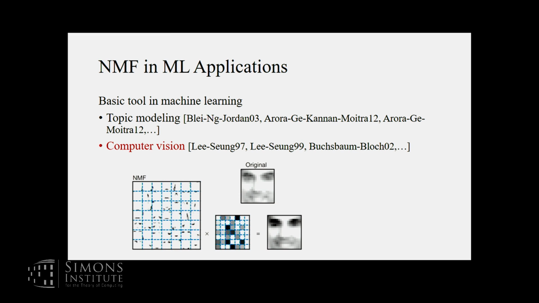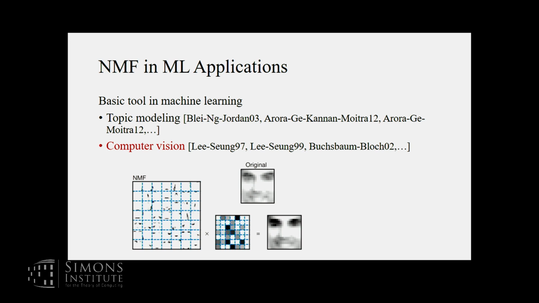Okay, another example comes from computer vision. You apply non-negative matrix factorization on images. This example comes from a Nature paper. You are given some images of human faces. You want to find so-called pattern images.